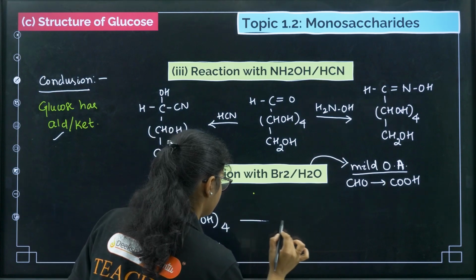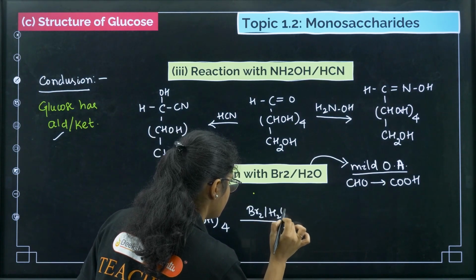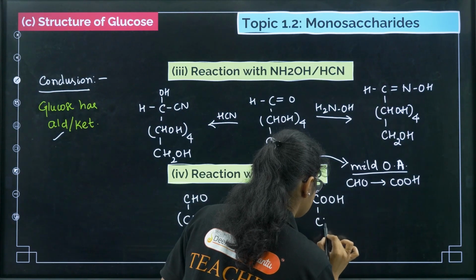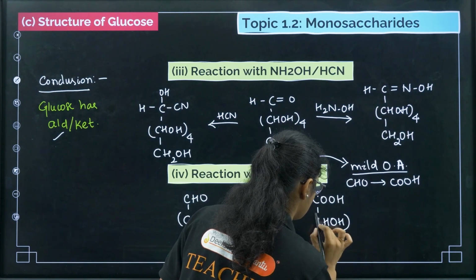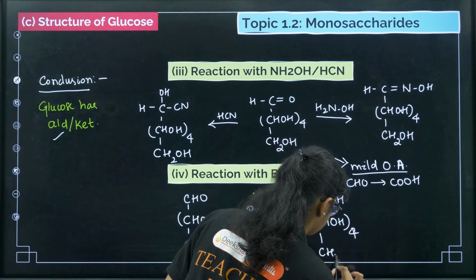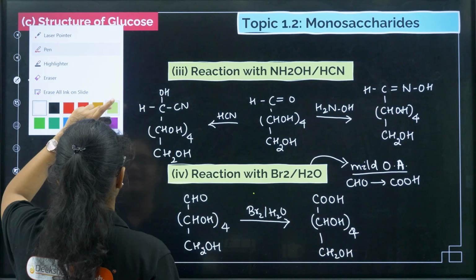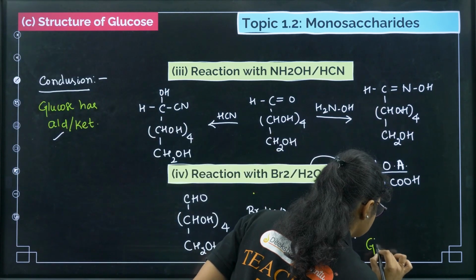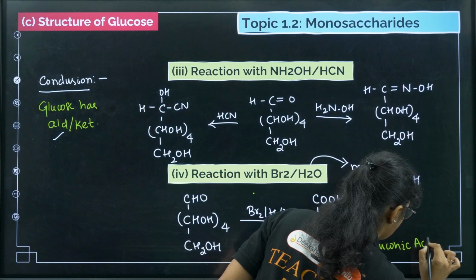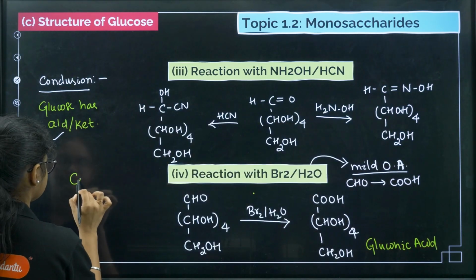Now if you treat it with bromine water, we found this product, COOH, CHOH whole 4 and then CH2OH. Now this product is called gluconic acid. What conclusion does this reaction give you?